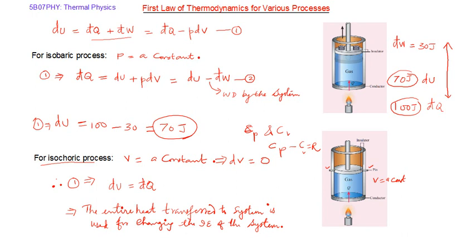So Cp minus Cv equal to R means that Cp for a gas is always greater than Cv.